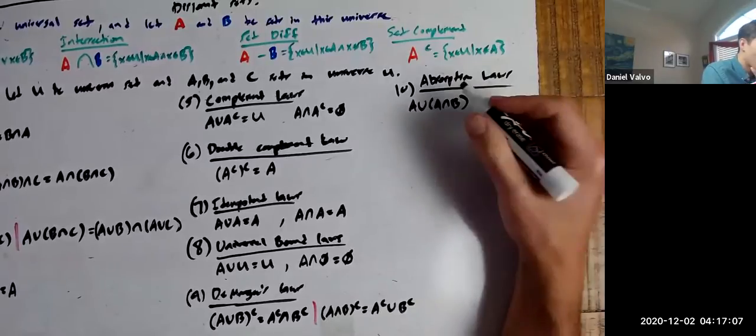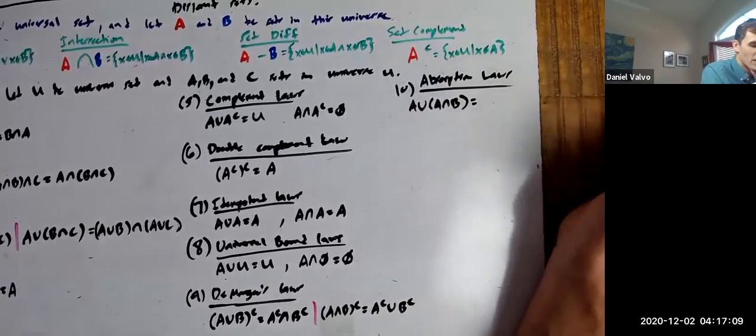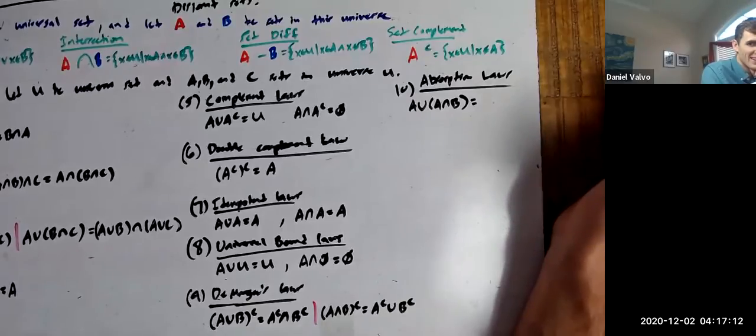Well, if we look at A union A intersect B, we don't even really need a different law for this, because this really comes down to the distributive law.